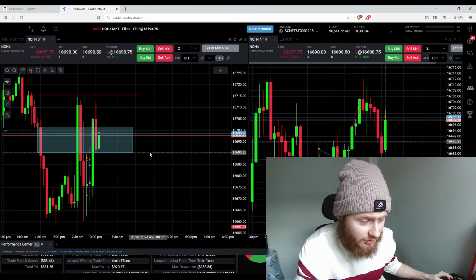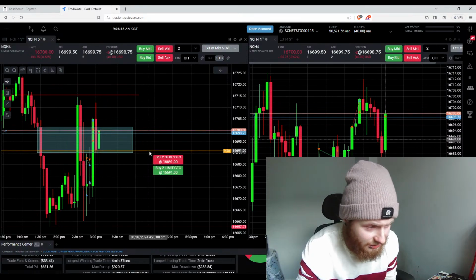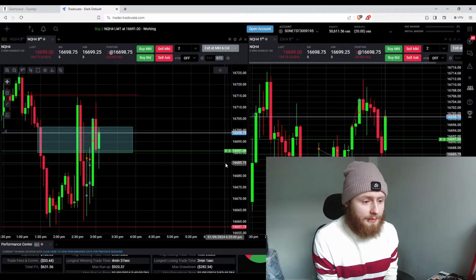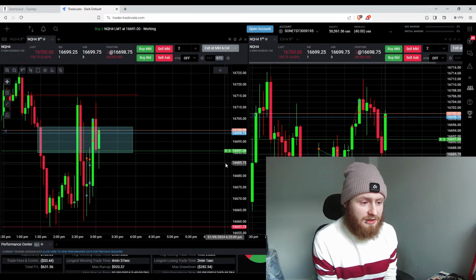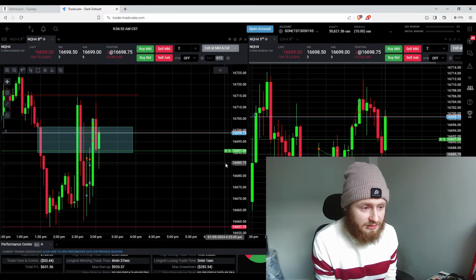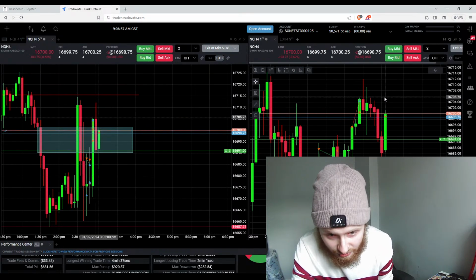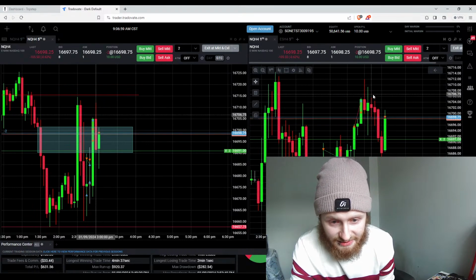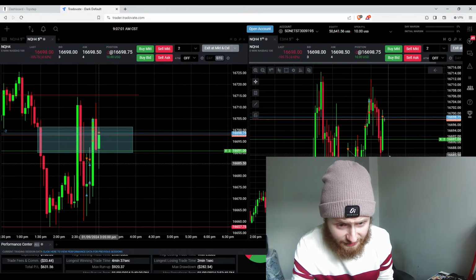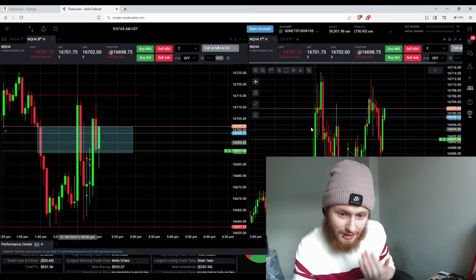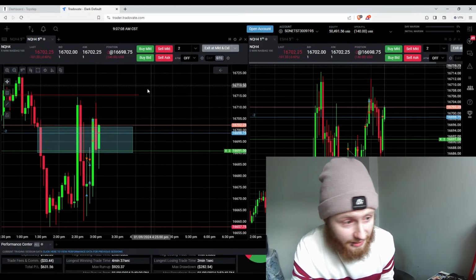We will short top of the range, we will look for bottom of the range, and we will hopefully make some money. Realistically, it's not really looking like there's anywhere for this to go to the upside in my eyes. There's a lot of place for it to go to the downside. But there it goes, ripping anyway.